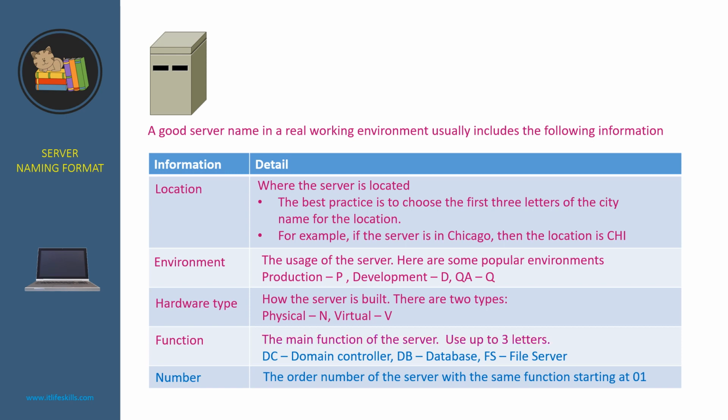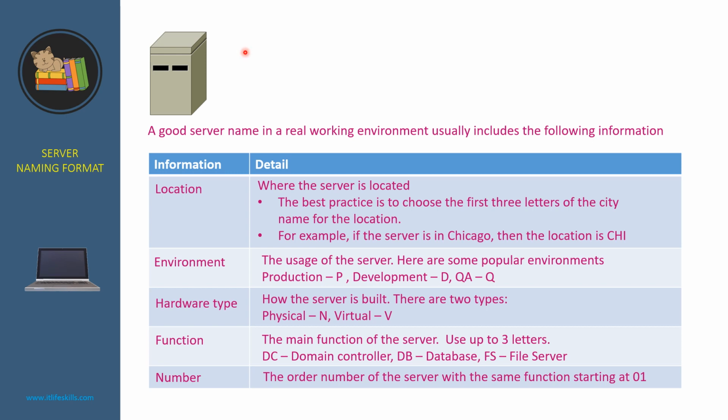Use up to three letters. For example, DC for domain controller, DB for database, FS for file server, and the number, which is the order number of the server with the same function starting at 01.